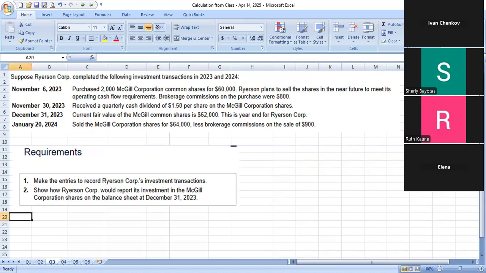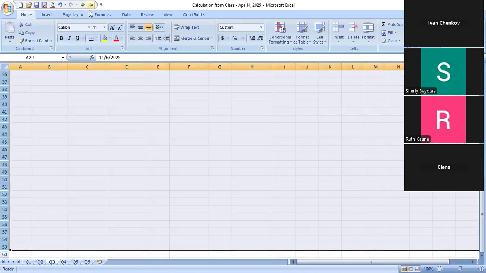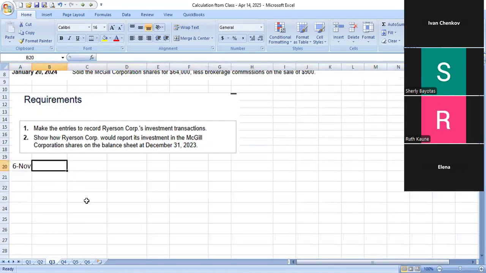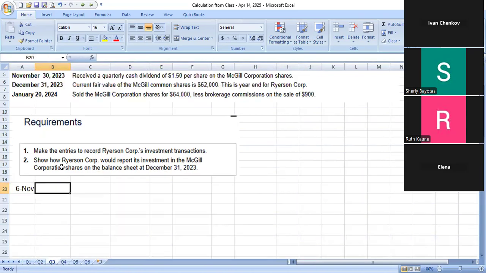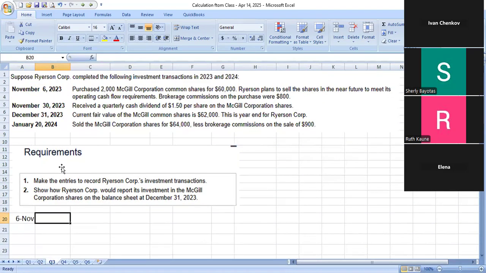So let's start with our question. First thing, on November 6th, what do we get? Common shares. We purchase shares. How are we going to show that purchase on our balance sheet? Short-term investments. Why?